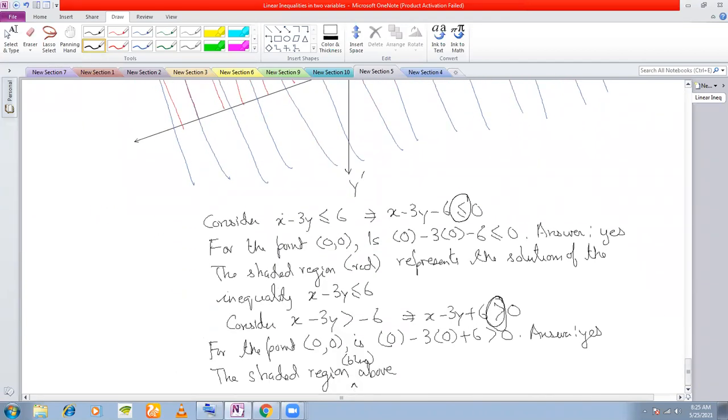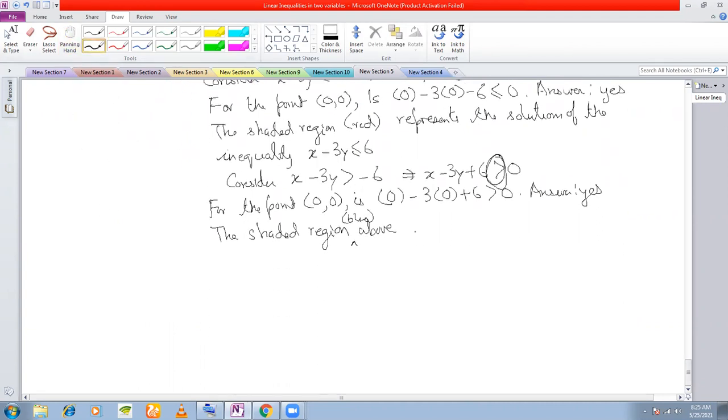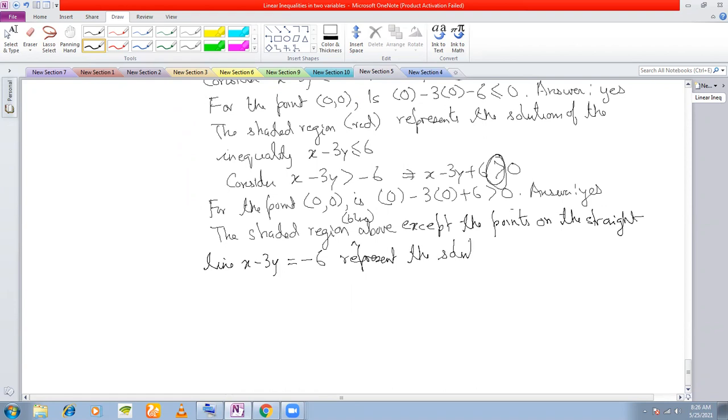Okay, so we'll write here the shaded region above except the points on the straight line x minus 3y is equal to minus 6 represent the solution of the inequality x minus 3y greater than minus 6, right?